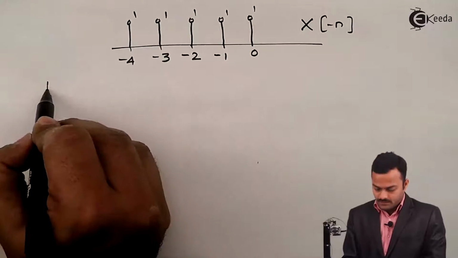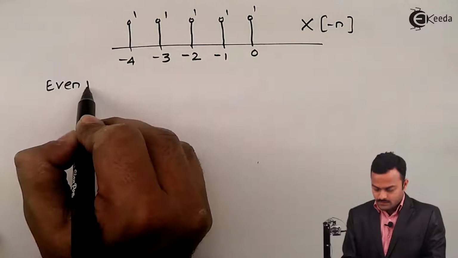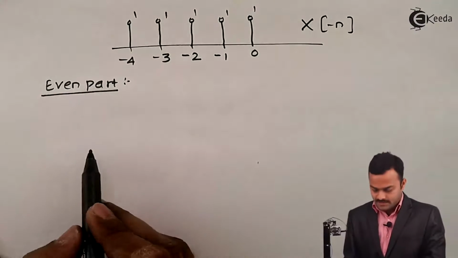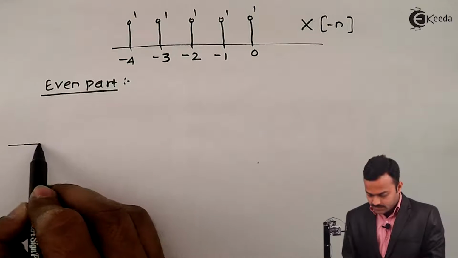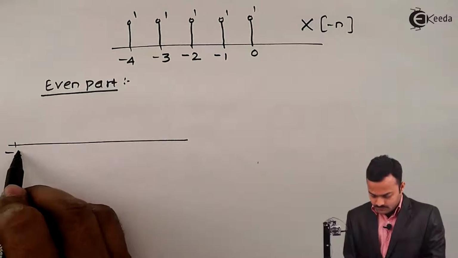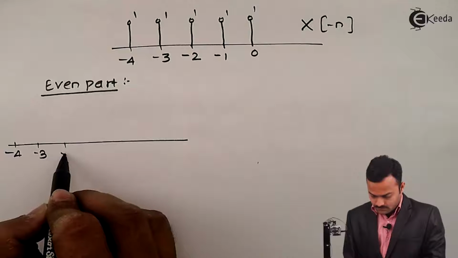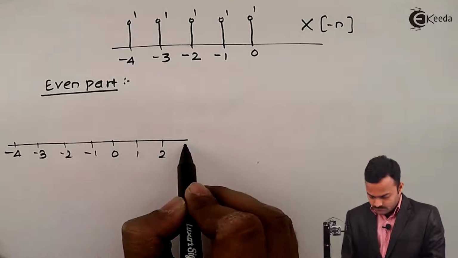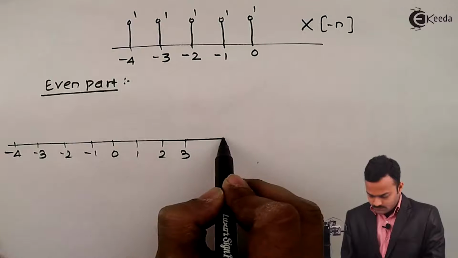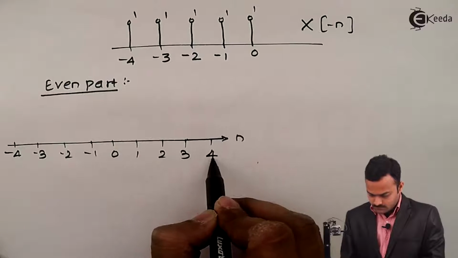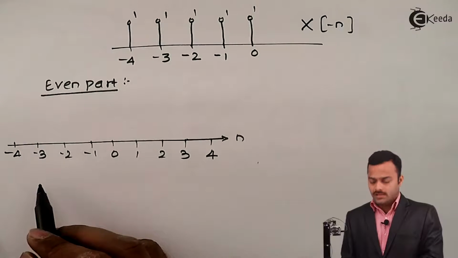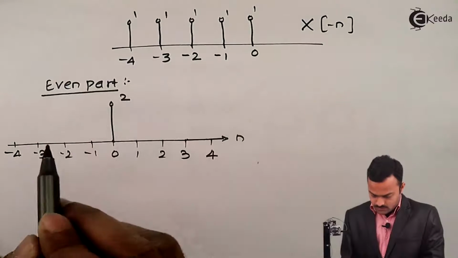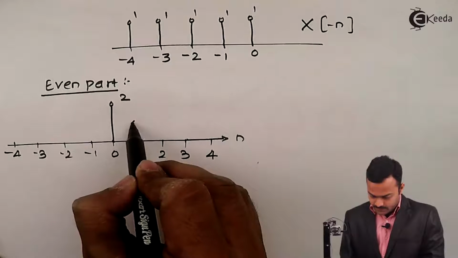And for the even part, we need to add x of n and x of minus n in order to get a signal like this. So only at n equal to 0 I will get a value 2, but for the remaining it will be 1 only.